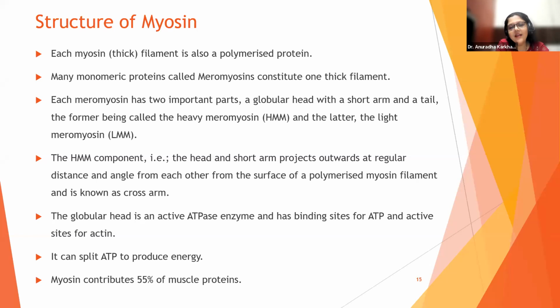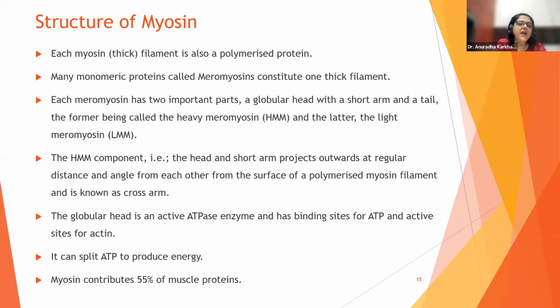That's why I told you that they are actually always going to want to connect with each other. There is an active region on the myosin head for affinity with actin, and actin has got a region for affinity with myosin. So they always want to come together.